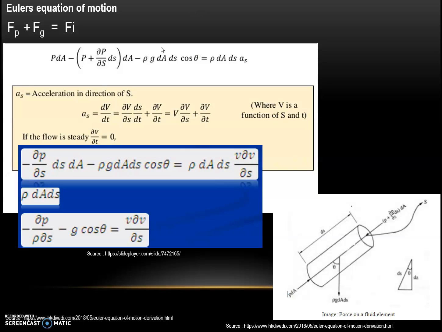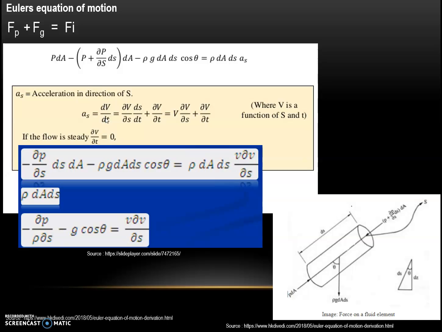That is the gravitational force, and this is equal to the inertia force, that is mass into acceleration. Mass is density into volume, so it is rho dA ds into as, the acceleration in the direction of S. As can also be written as the change in velocity with respect to time.